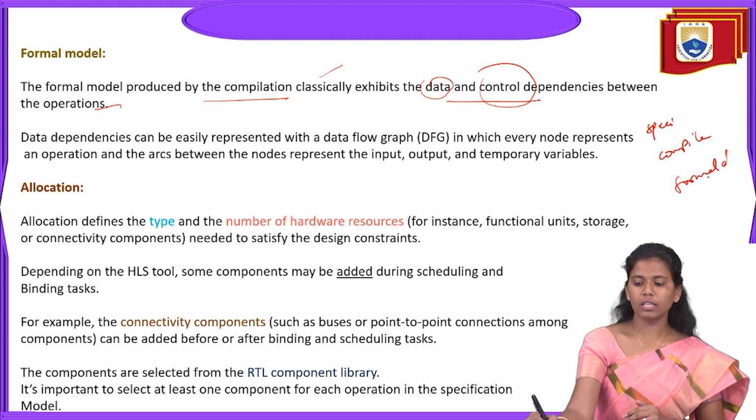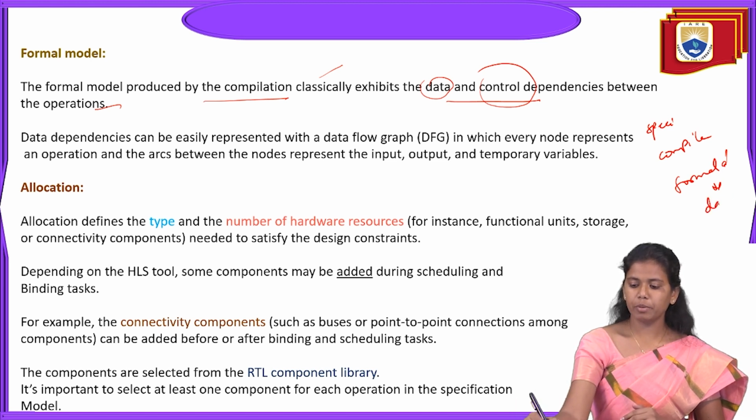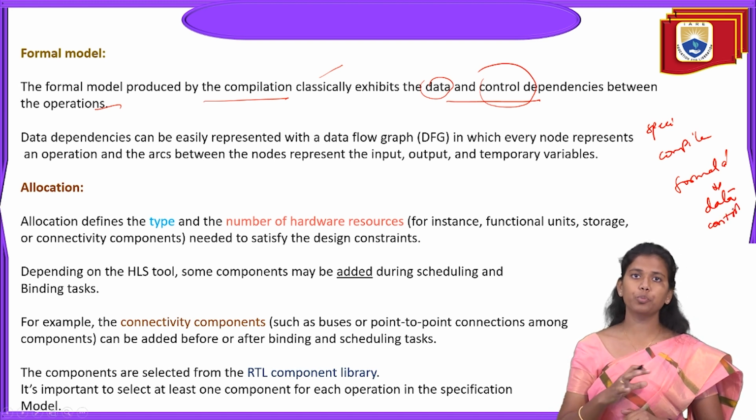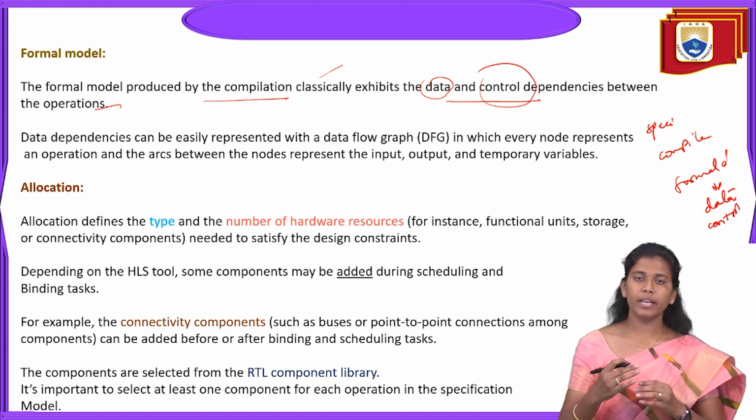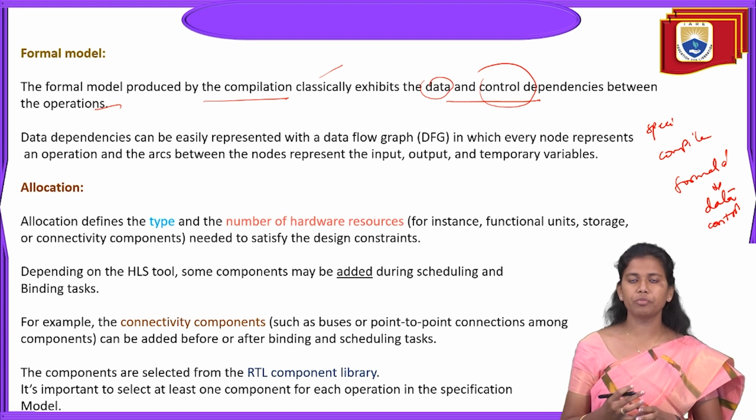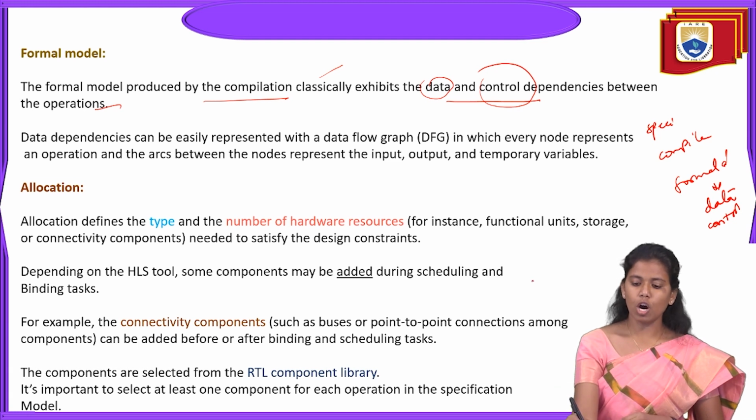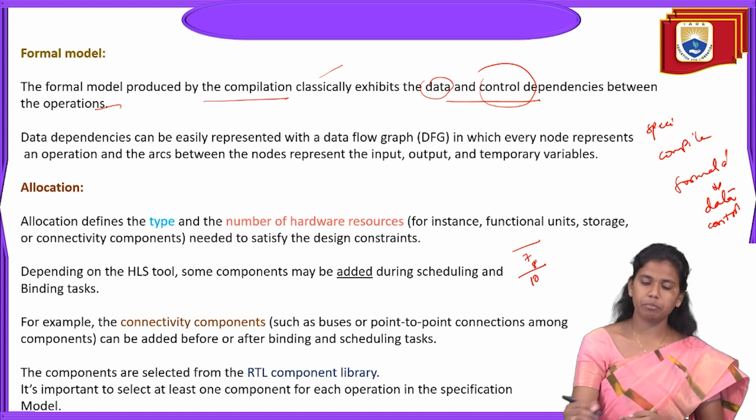This formal model exhibits some data and controls the data dependencies between the operations. For example, I have 10 statements to be executed. Sometimes some unwanted data occurs between statement 7 and statement 8.